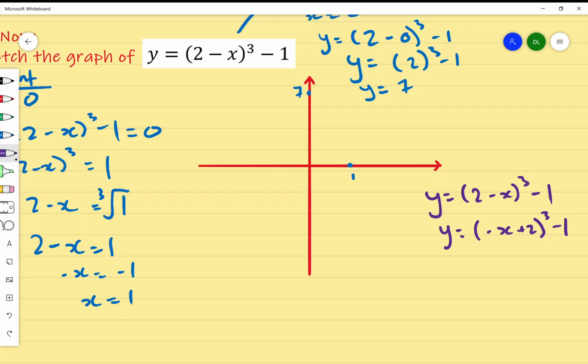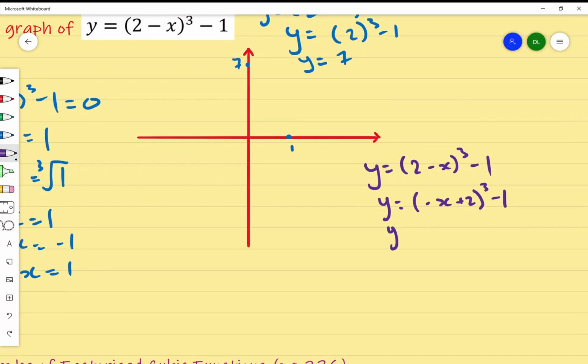Would you agree that's the same thing if I write y equals (negative of (x minus 2)) cubed minus 1? Is that the same thing? Really? We're okay with that? All I've done is take out the negative. I've still kept the cubic on the outside, so I haven't actually changed anything. But I've focused on this section here: negative x plus 2 being the same as negative of (x minus 2).